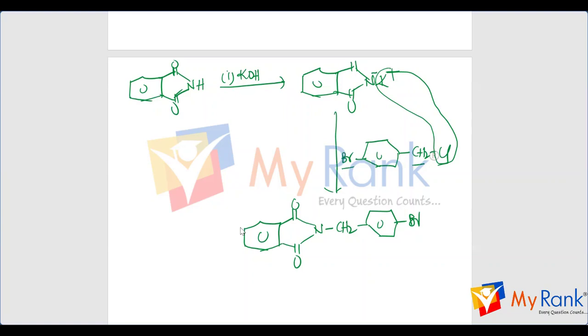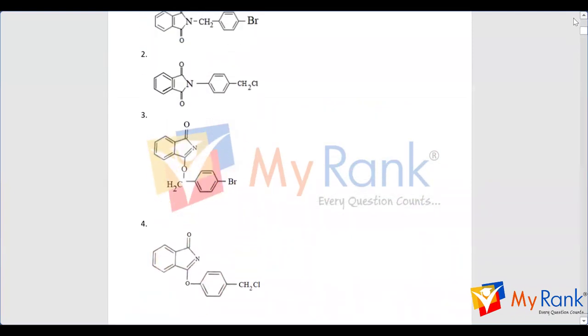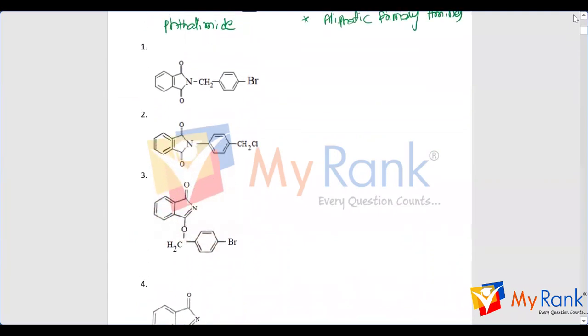So your answer is which one here? This one, N CH2 CH2 Br. So the first option is your correct option.